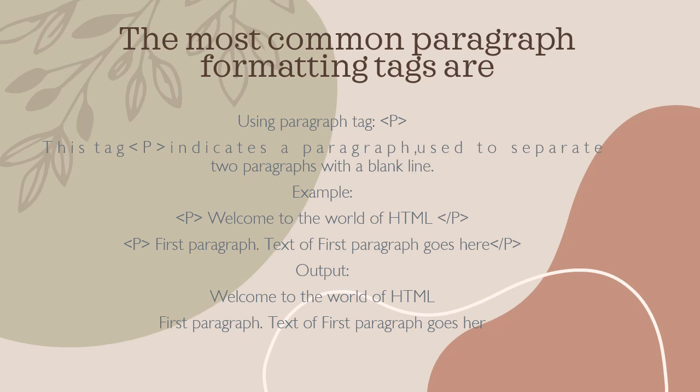Now again it has been opened. Text of first paragraph goes here, and now it is going to be closed. The output of the same is written below. That is: Welcome to the world of HTML. And the next paragraph is: text of first paragraph goes here.